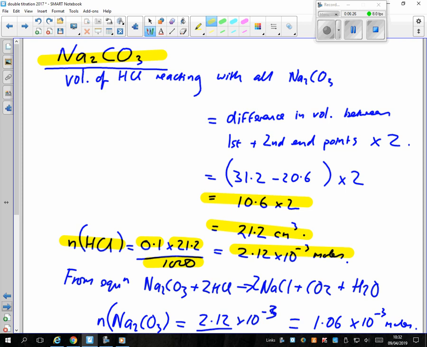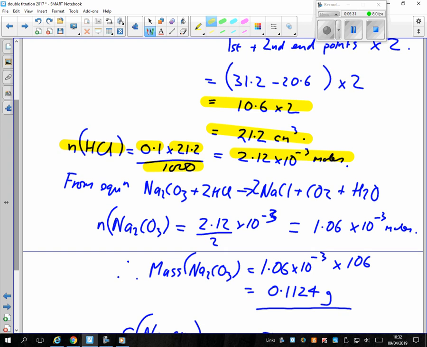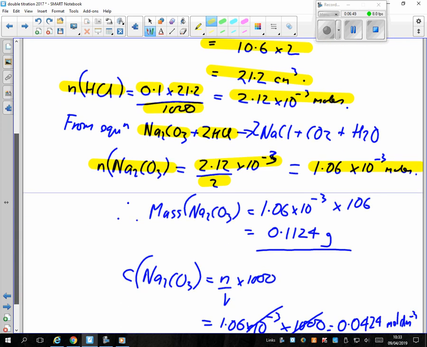Now, from the chemical equation, because 2 lots of HCl react with 1 lot of sodium carbonate, the number of moles of sodium carbonate is going to be half of the number of moles of HCl, and that equals 1.06 times 10 to the minus 3 moles. I want to change moles into a mass, so number of moles times MR. This here is the MR of sodium carbonate, and there's your mass of sodium carbonate.